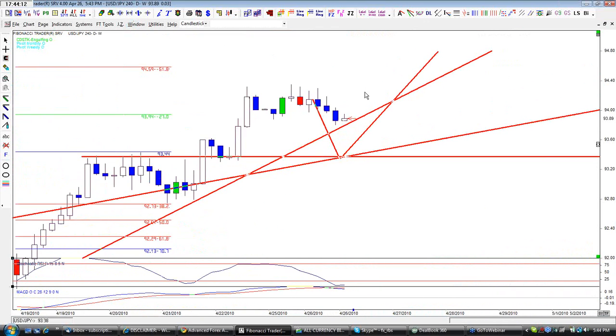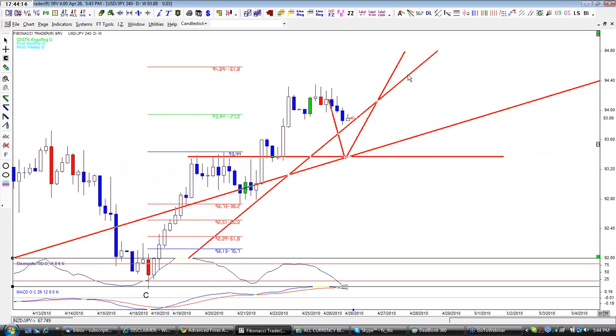Now we're going to a smaller time frame. And this is an example of how well support and resistance works. Price moving bullish, breaking resistance, coming back, retesting, continuing on the bullish move.